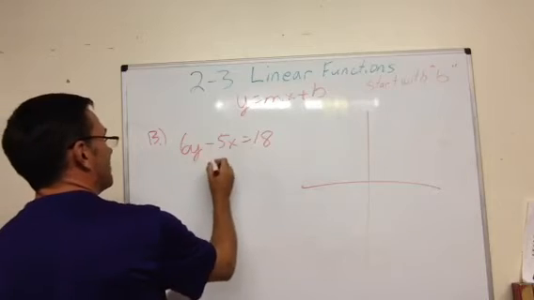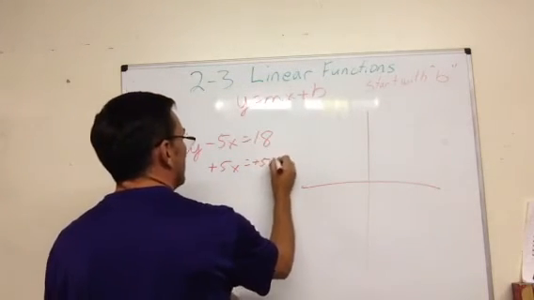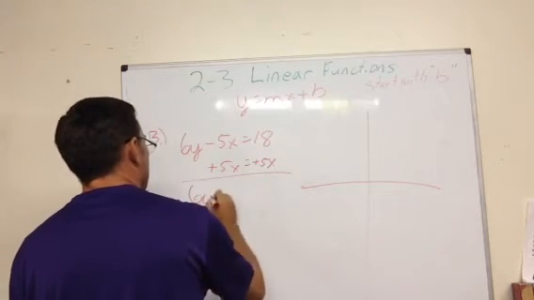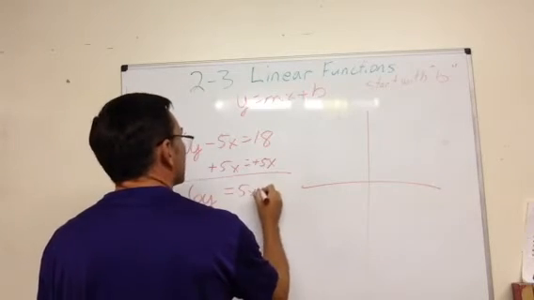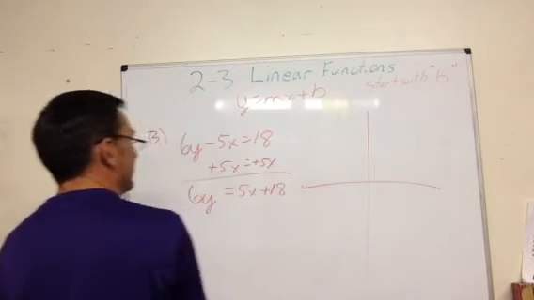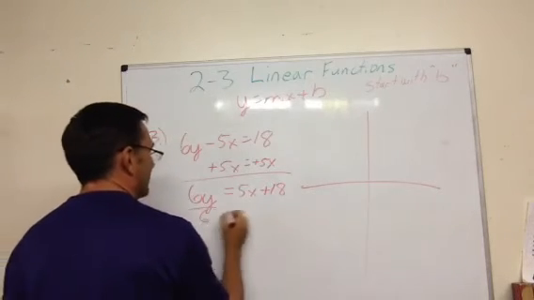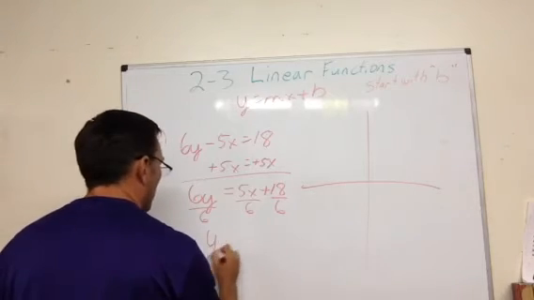I'm going to add opposites, positive 5x to both sides. I end up with 6y equals 5x plus 18. Get the y's by themselves. Divide by 6 to all 3 terms.